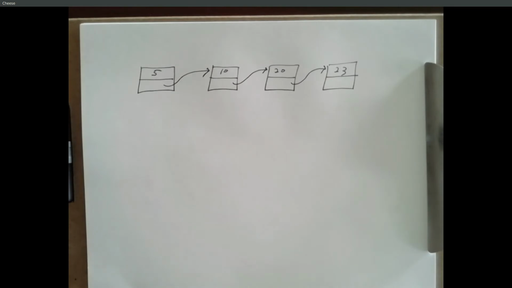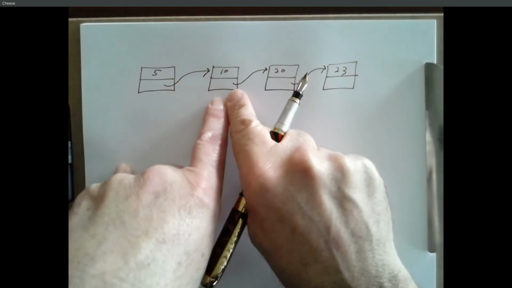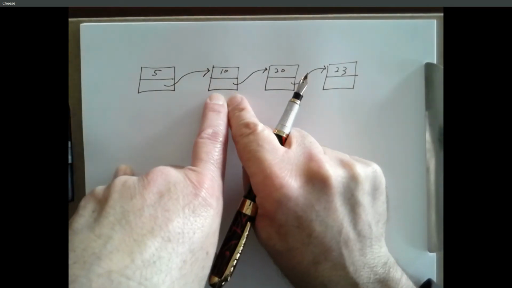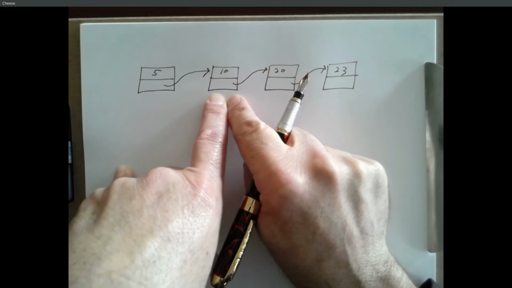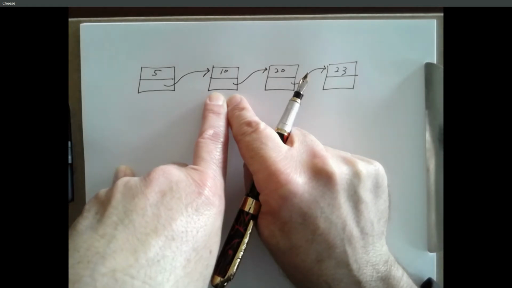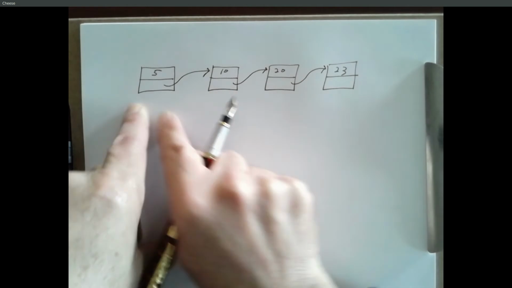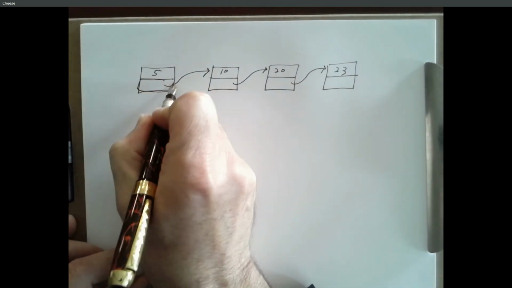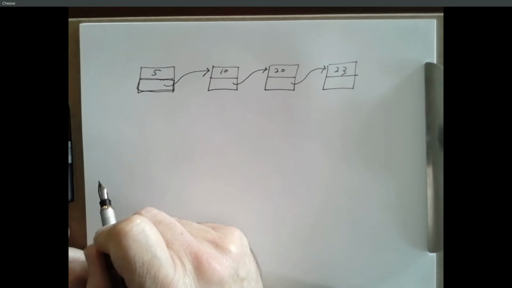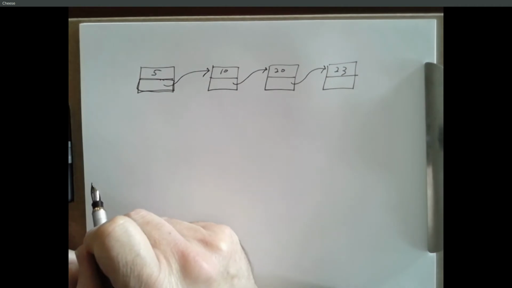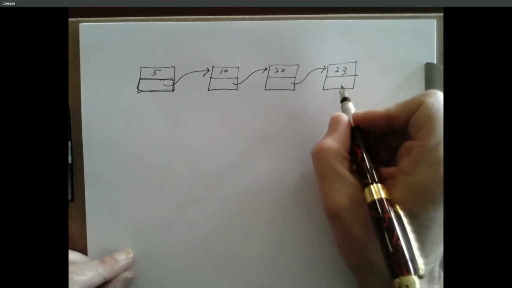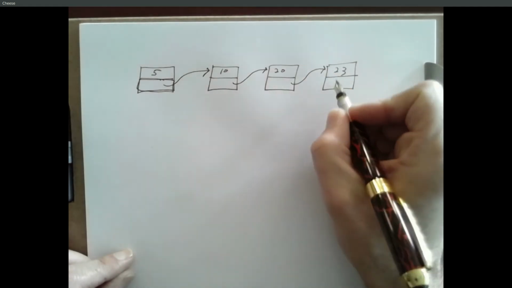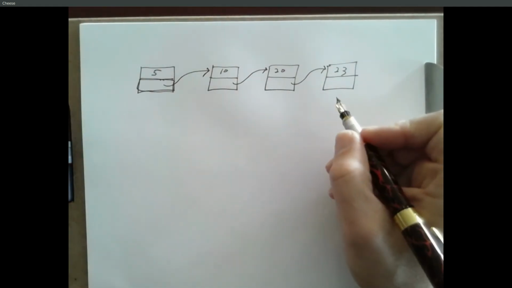And we're not going to assume if this is location 100 that this is necessarily location 104. This could be location 520, all right? But there'll be something here which says, hey, the next piece of the array is location 520. And this last piece of data should point to wherever the next thing in the array is.